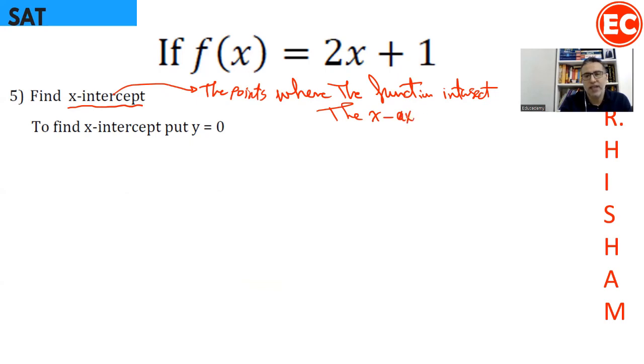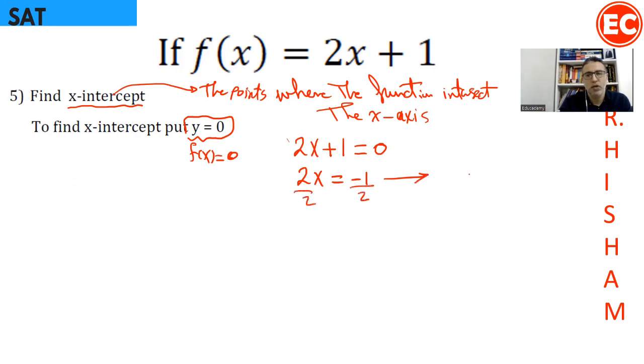And to intersect the x-axis, I will replace y with 0. I mean by y here that f of x should be equal to 0. So I'm going to write that 2x plus 1 is equal to 0. I make the equation equal to 0. So 2x is equal to negative 1, divide both sides by 2, so x is equal to negative half.